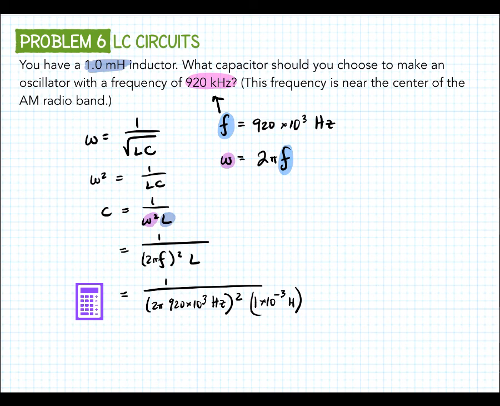Now it turns out a henry times second squared inverse is going to give you something in farads. That's kind of hard to deal with, but let's just plug in the numbers, and we get 3 times 10 to the negative 11th farads, or you could call this 30 picofarads.